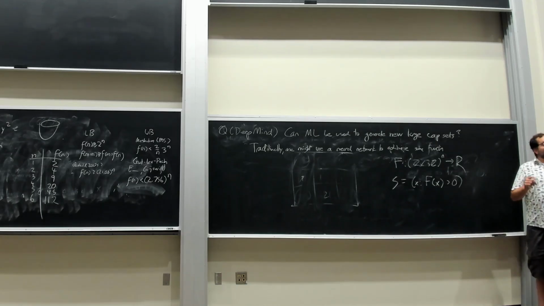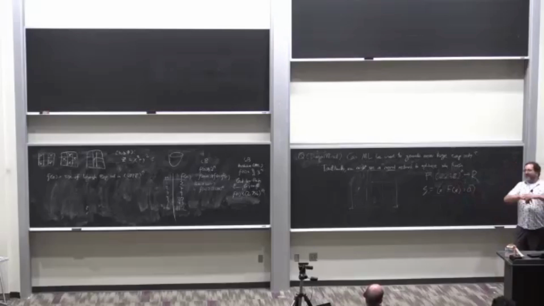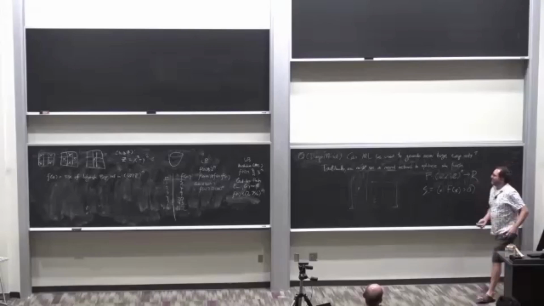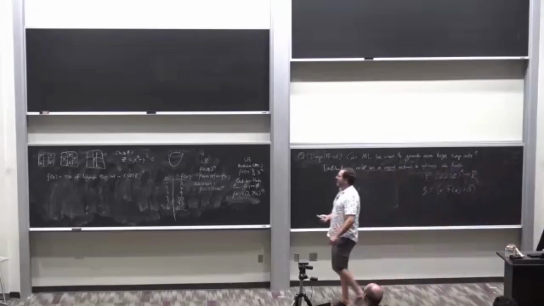And even if you did get a result, you would get some immensely complicated function with a million layers in it, and you would look at it and say, okay, I guess that gives me a large cap set, but I don't know what to make of it. So let me tell you this different mechanism that the folks at DeepMind wanted to try.